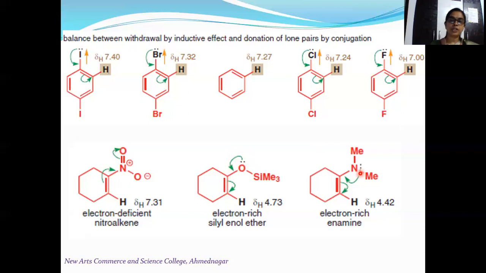As oxygen is more electronegative, its electron donating ability will be less, while nitrogen is less electronegative, its electron donating ability will be more. Therefore, the beta proton in this case is shielded, and in this case it's slightly de-shielded.